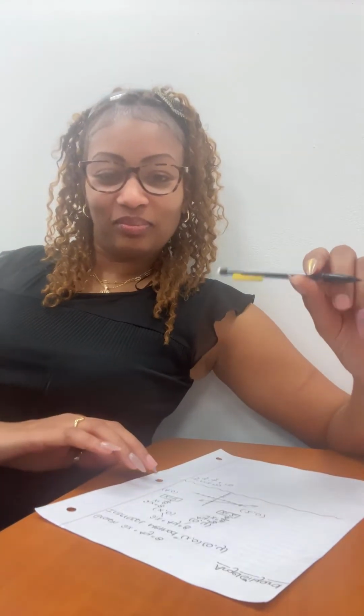Right, 2 to the right, 1 up. Okay, so 2 to the right, 1 up, right? 1 up is right here, and then if we connect those two, this would be number 4 if I had my tick marks correct.